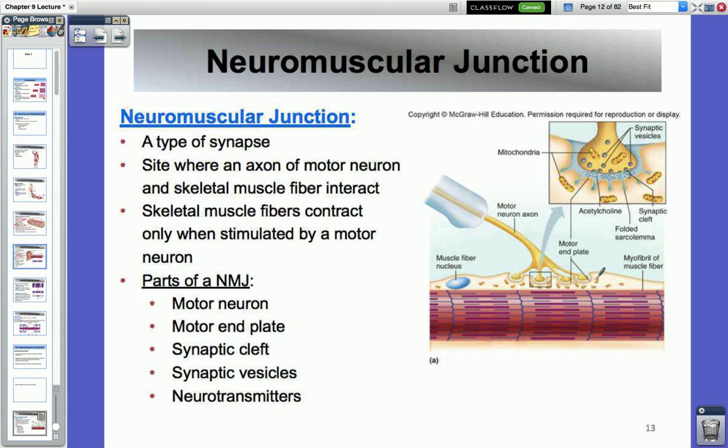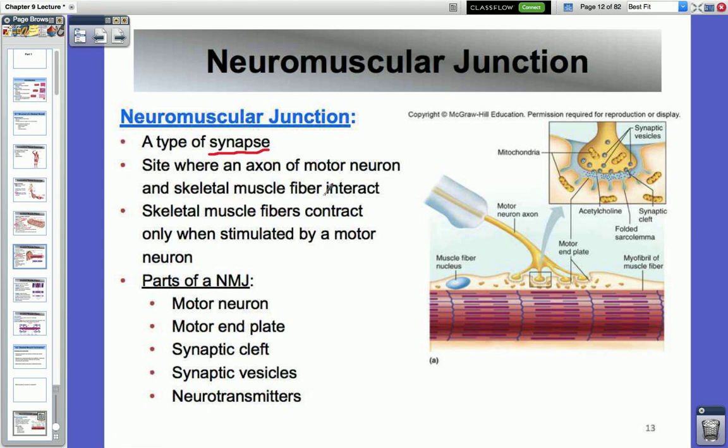Synapse is going to be a term that you'll hear quite often, but it's again the area where a nerve cell meets something else, and it could be a nerve cell meeting another nerve, a nerve cell meeting a gland, a nerve cell meeting a muscle. In this case, it's just a type of synapse, where the motor neuron, that nerve cell, is meeting the muscle fiber.